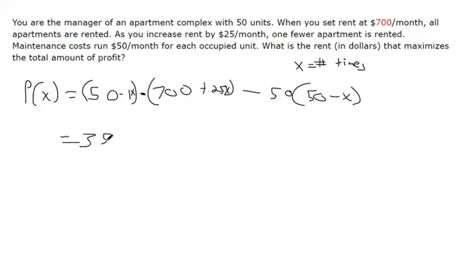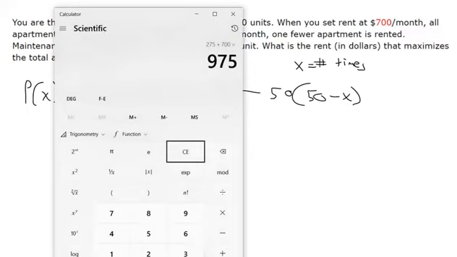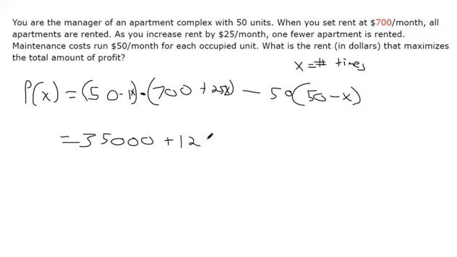I'm just multiplying these two parentheses together. What is 25 times 5? Oh yeah, 1,250x minus 700x minus 25x squared.